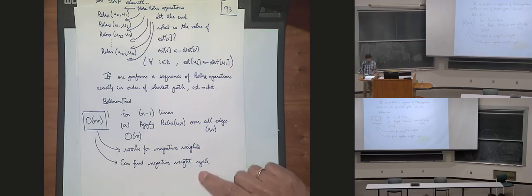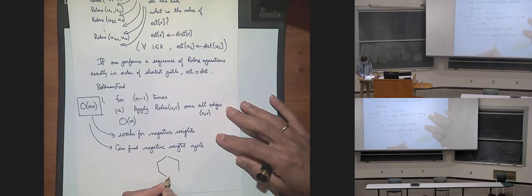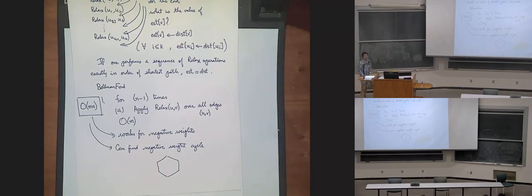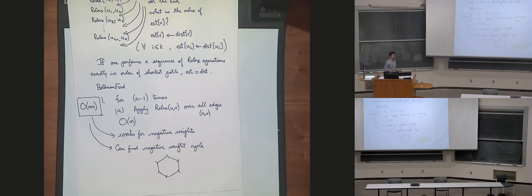But essentially, what happens is, suppose there's some negative weight cycle. Then at some point, it's going to do a relax operation on each of these in order, and somehow it's going to detect that fact. You have to be a little bit careful.